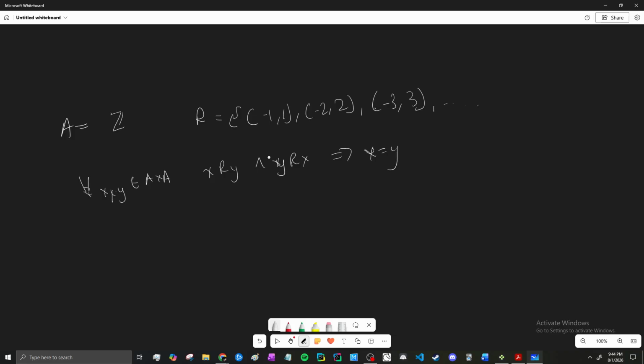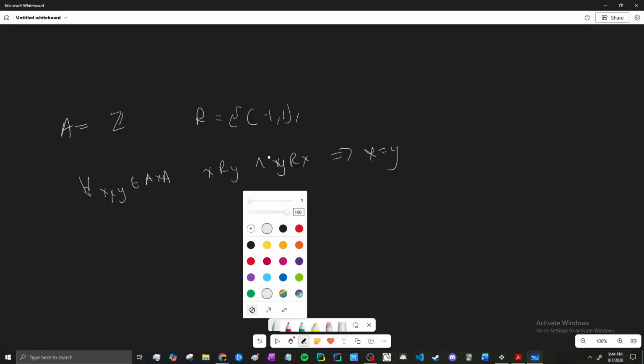I don't think this set has, wait, technically it does, because it's saying that if x and y are related... Let me show you.